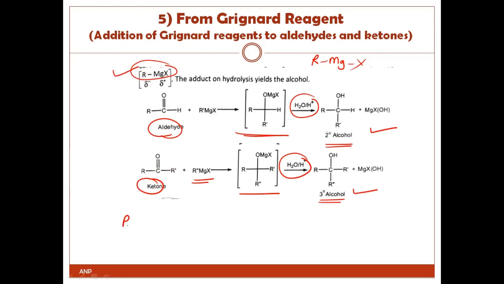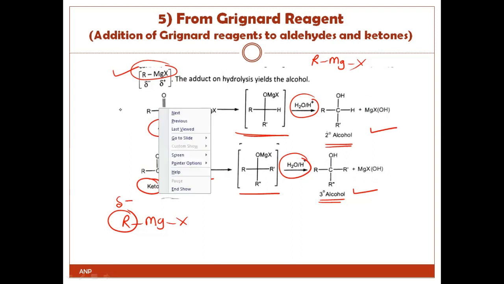This is Grignard reagent RMgX. The alkyl part of the Grignard reagent is delta negative and gets added to the electropositive carbonyl carbon, this one.